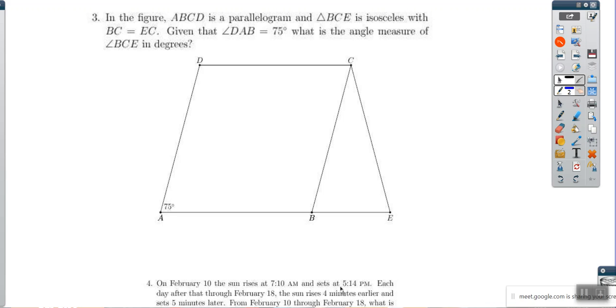So let's write that down. BC is equal to EC. Given that angle DAB is equal to 75 degrees, and that's already written, what is the angle measure of angle BCE? So that is BCE. So it's this one right here.